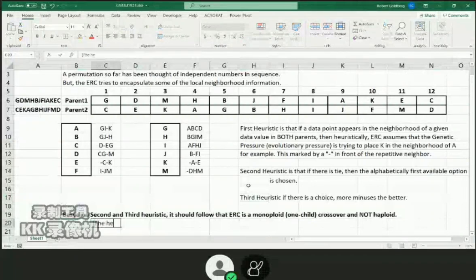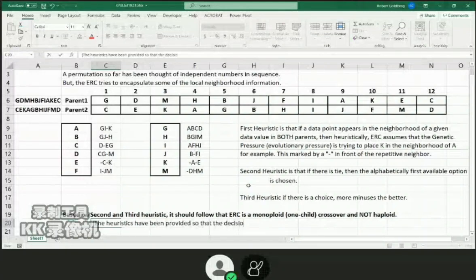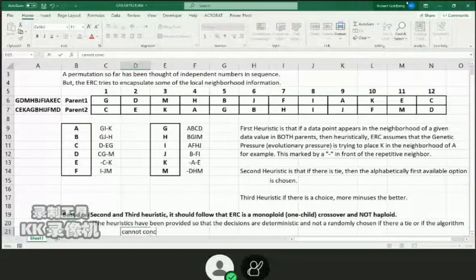The heuristics have been provided so that the decisions are deterministic, which is interesting because usually you think of random, and not randomly chosen if there is a tie, or if the algorithm cannot conclude on which data value point to choose.